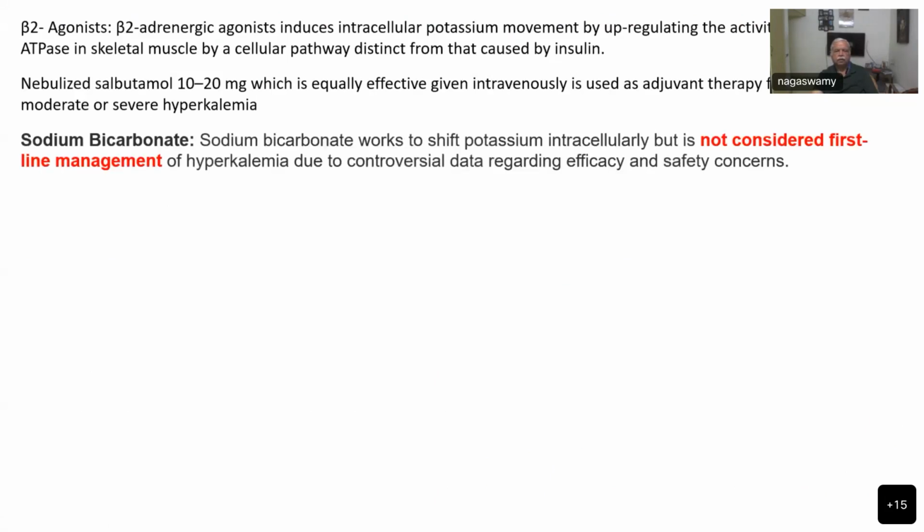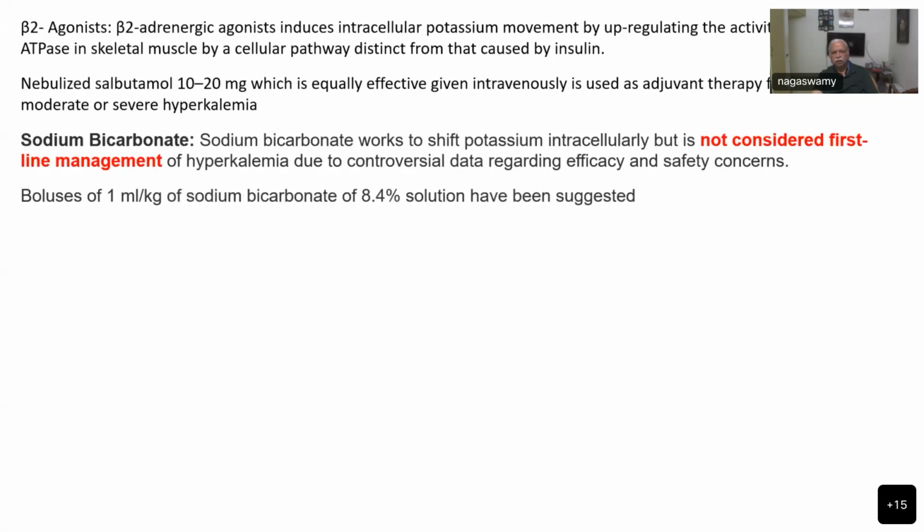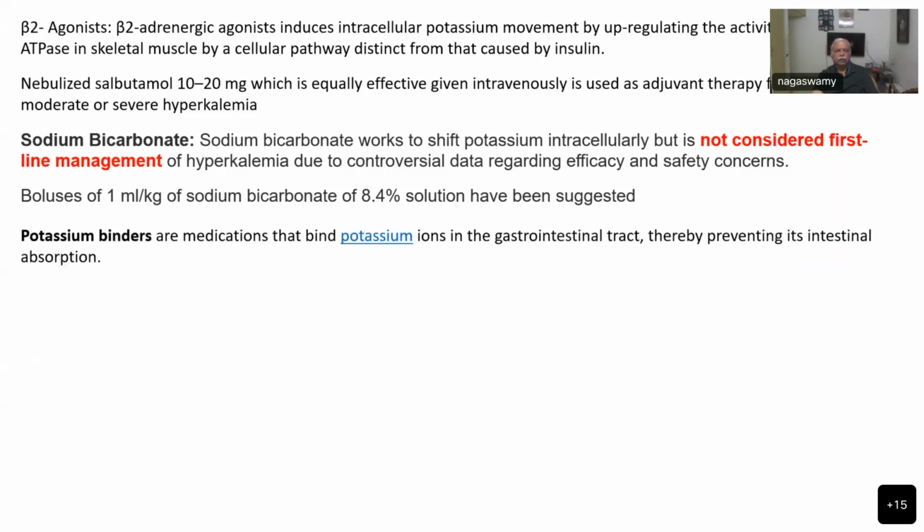And sodium bicarbonate, you have to be very watchful, it should not be considered a first line of treatment, because it can cause intracellular acidosis, and sudden alkalosis will cause problems, and CO2 will be released, and that can cause acidosis and aggravate the hyperkalemia. So if at all you want to give, you can give 1 ml per kg of 8.4% sodium bicarbonate.